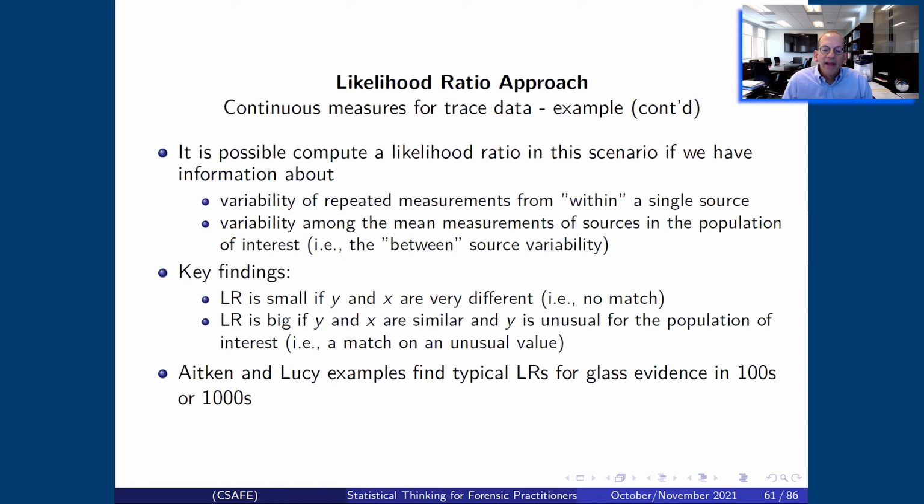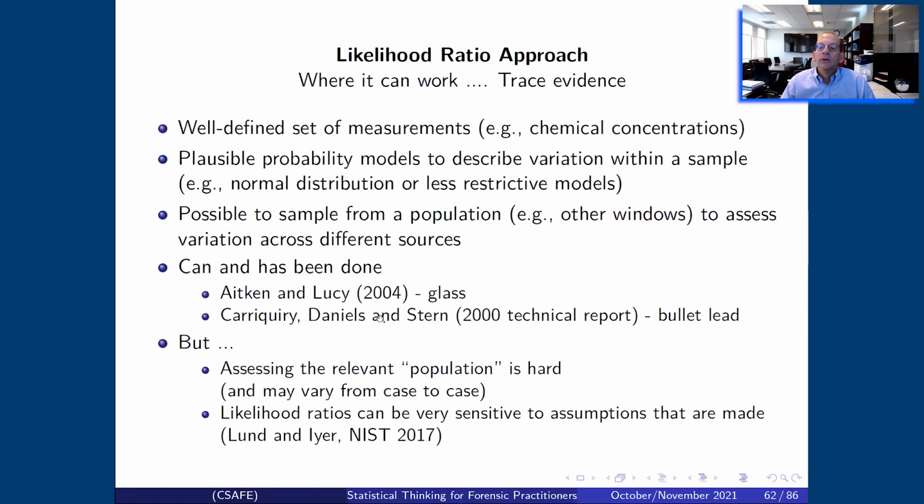And what Aitken and Lucy showed when they did some examples based on glass is that the likelihood ratio of glass evidence appears to be in the order of hundreds or thousands, where DNA evidence sometimes shows up as millions or billions. So possible, still not very well done.